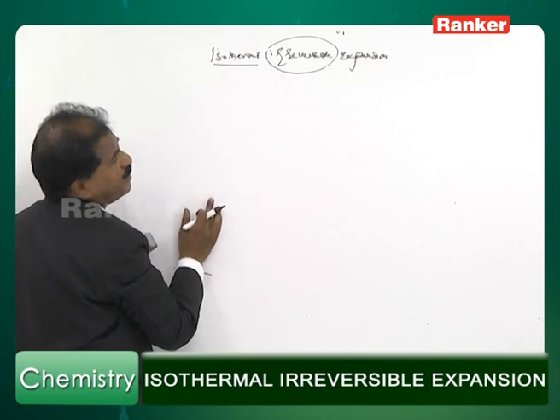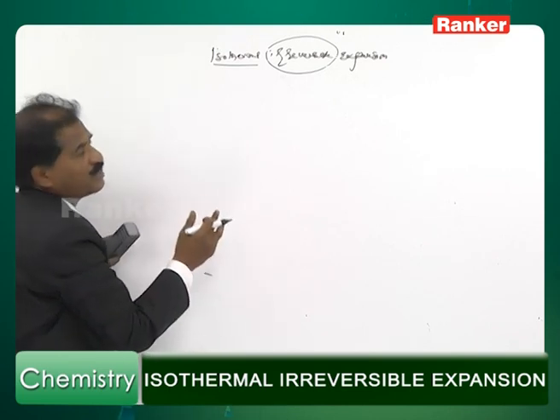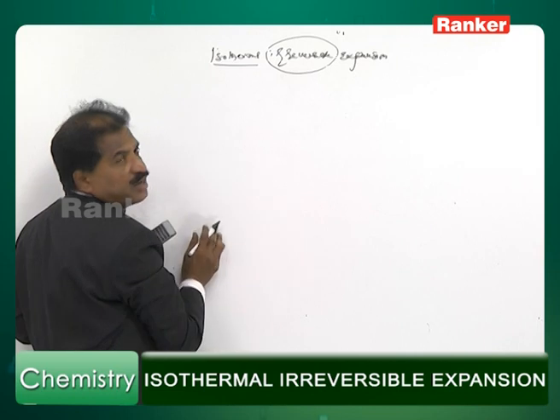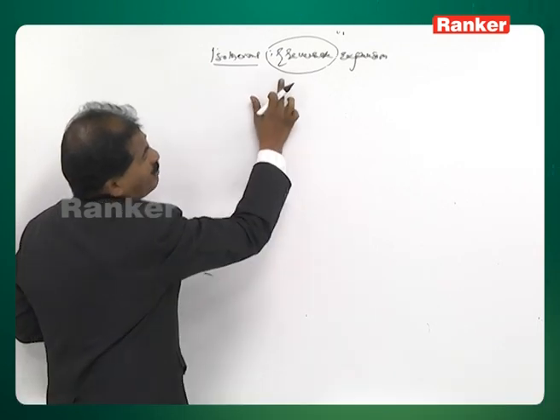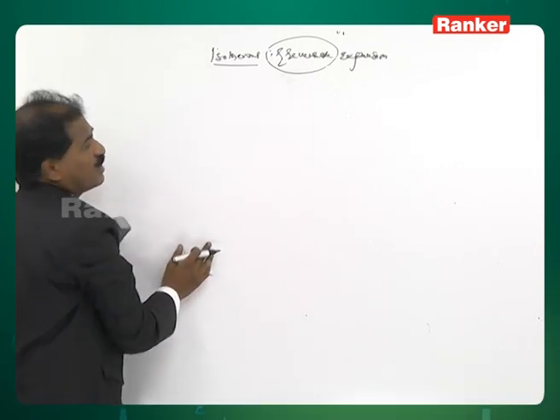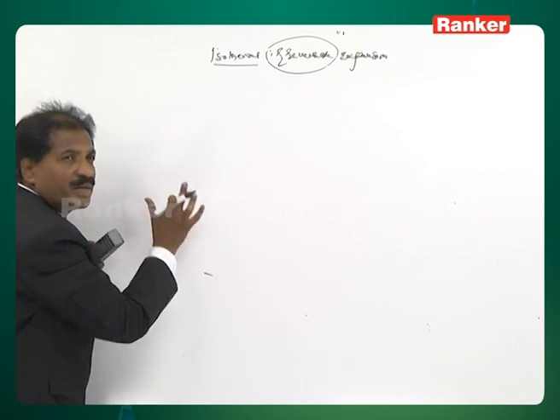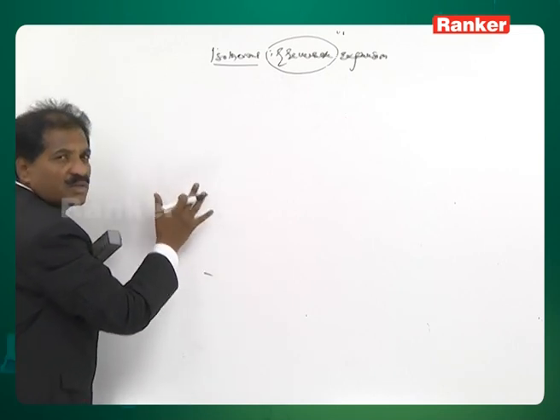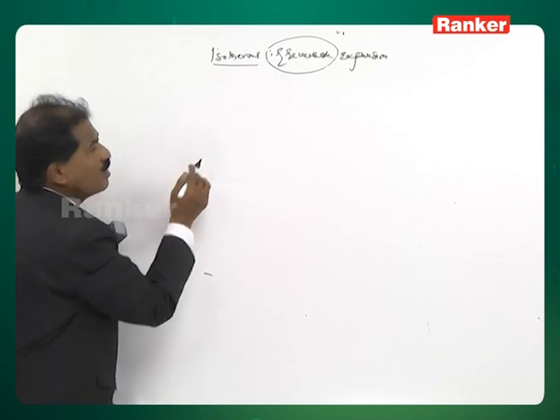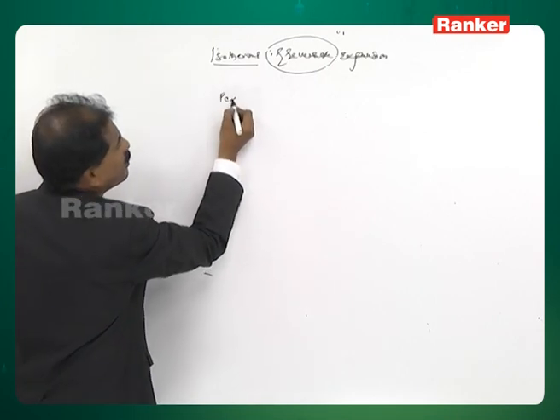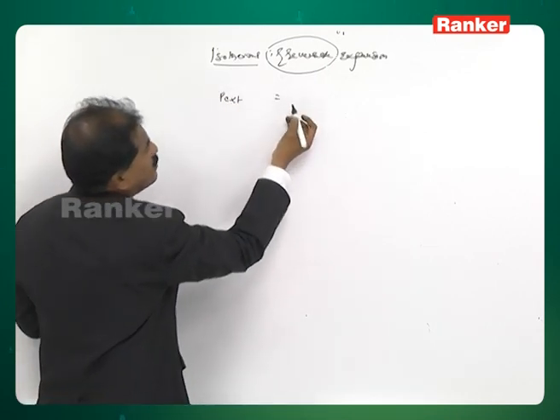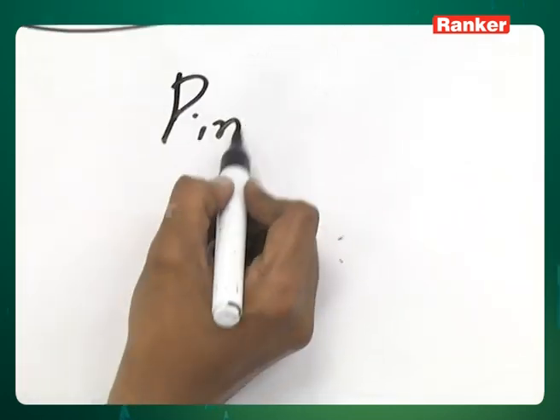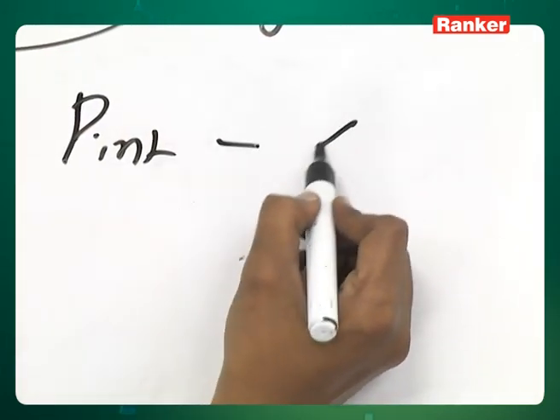Therefore, at constant temperature, the gas can undergo expansion either reversibly or irreversibly. For a reversible expansion to take place, the basic requirement is that the pressure difference between system and surroundings must be very small. Therefore, P external is equal to P internal minus dP.